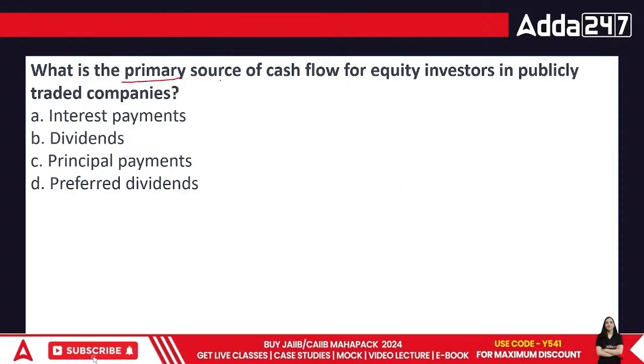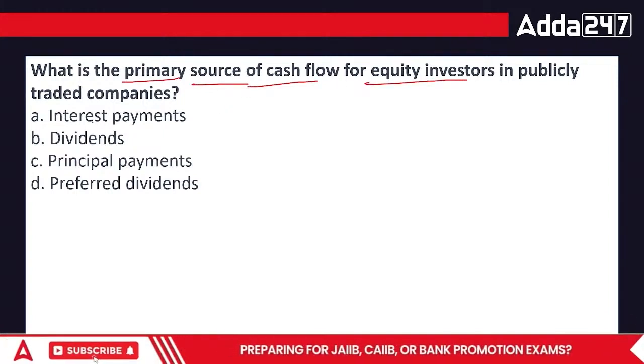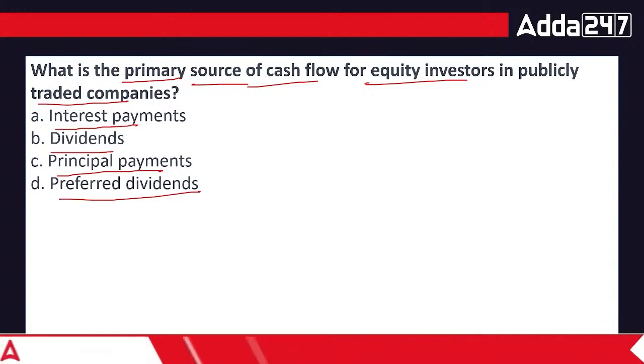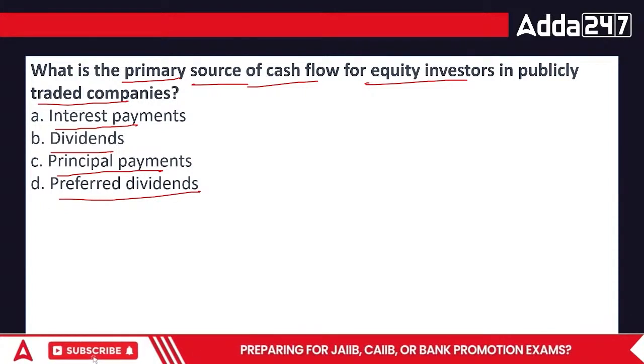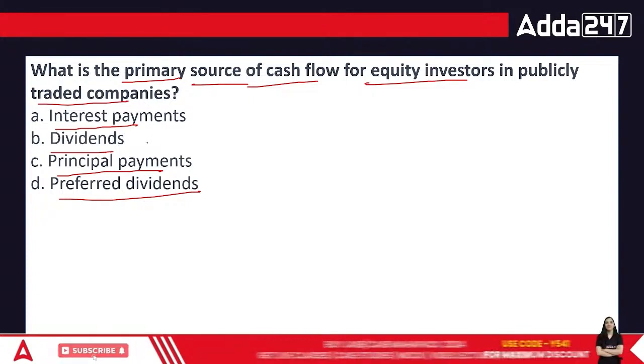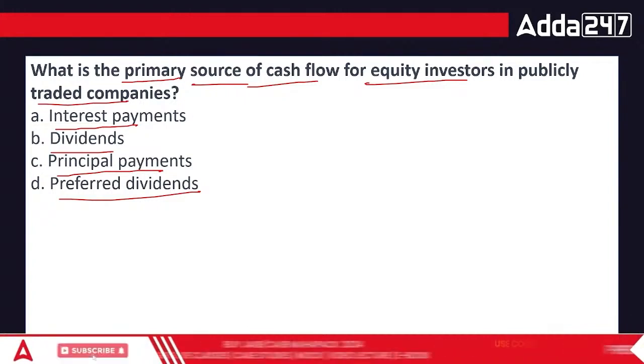What is the primary source of cash flows for equity investors in publicly traded companies? Interest payments, dividends, principal payments, or preferred dividends? What would be the answer, everyone? First question. Primary source of cash inflows.